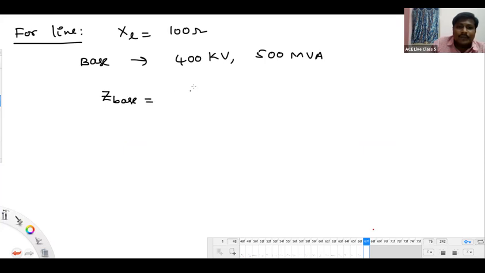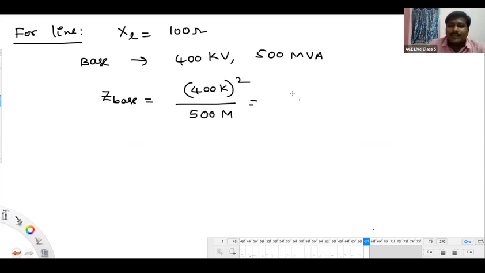Z base is V base line to line squared by MVA base three phase. Kilo squared by mega will be cancelled out. So it is 400 into 400 by 500. Anybody please tell me this number? This is 320 ohms.